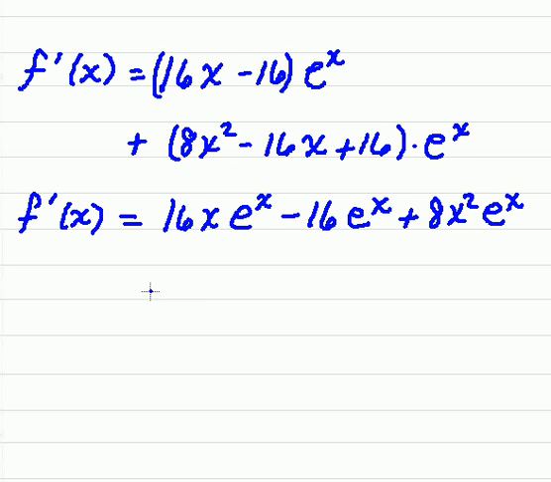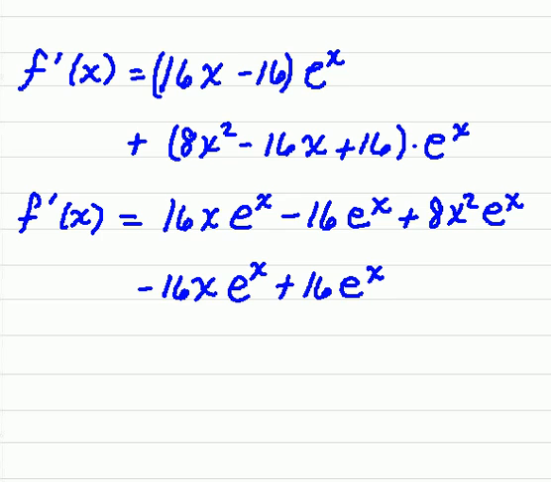I'm going to continue this on down, minus 16x e to the x. All right, here's our negative 16x. We're distributing this e to the x. And then one more time, e to the x times 16, so plus 16 e to the x.